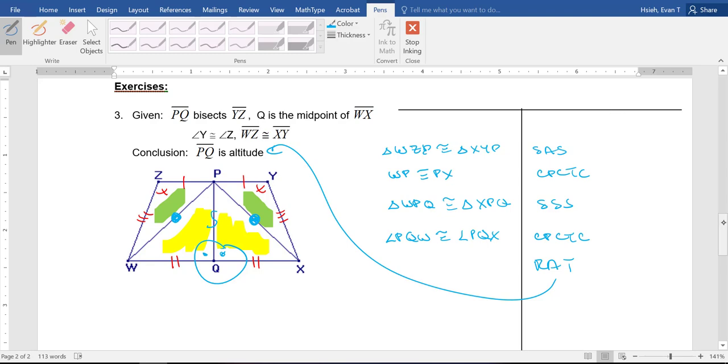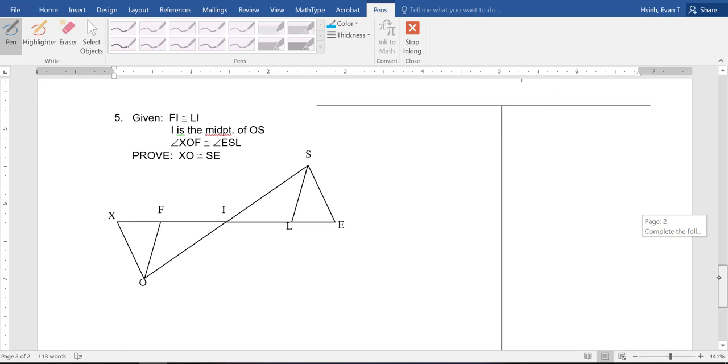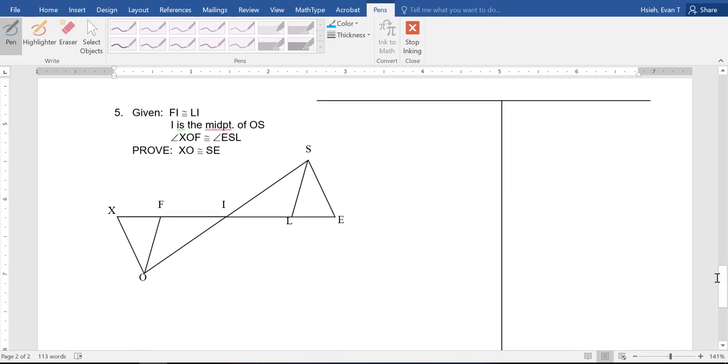Okay, let's jump to the next one. Given that FI is congruent to IL, and I is the midpoint of OS, that means that this is congruent to this.